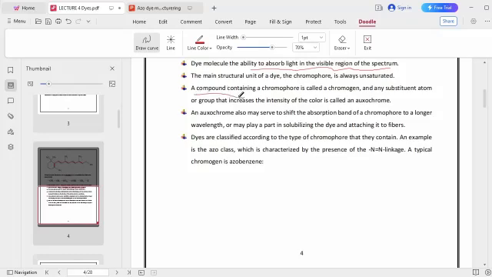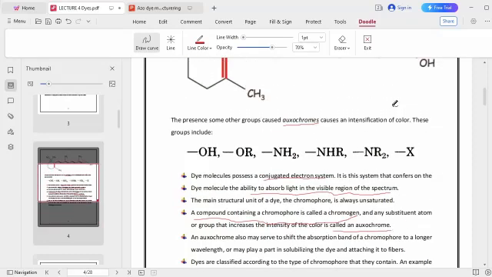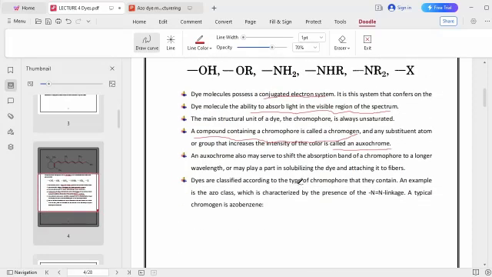So a compound that contains a chromophore is known as a chromogen. And then we have additional groups on chromogens, which are known as oxochromes, the ones which I said are responsible for color intensity.